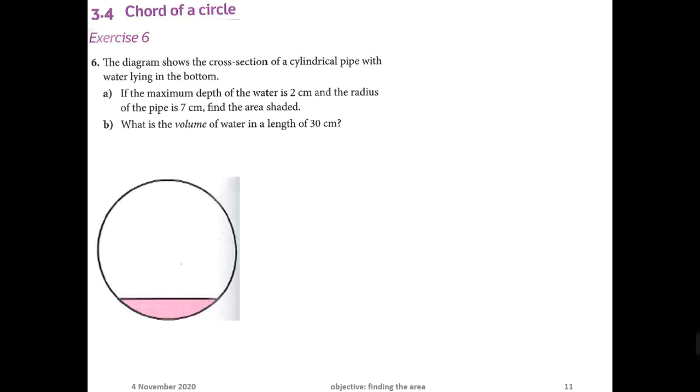Let's at first place the numbers that are given to us in the question on the sectional drawing as follows. If this is the center of my pipe, this is the distance from the center to any point on the circumference, called the radius. This radius is equal to 7 centimeters.